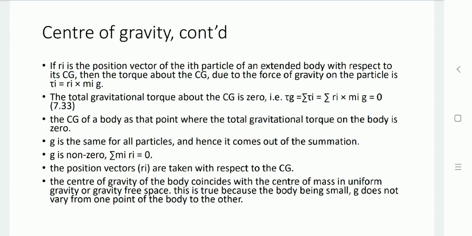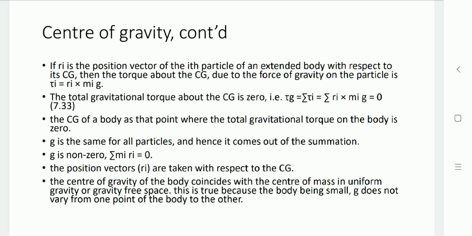So the center of gravity of a body is the point where the total gravitational torque on the body is 0. g is the same for all the particles, so g is a non-zero value. From that we can say that the summation of Mi Ri is 0, where Ri is the position vector taken with respect to the CG.